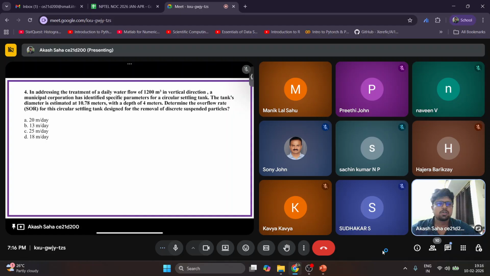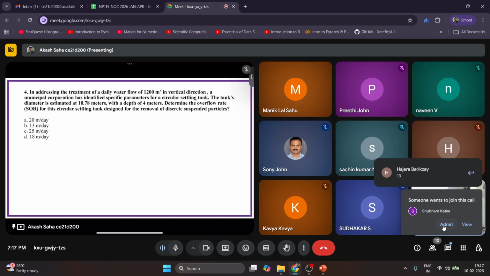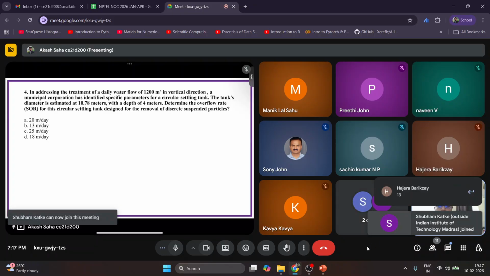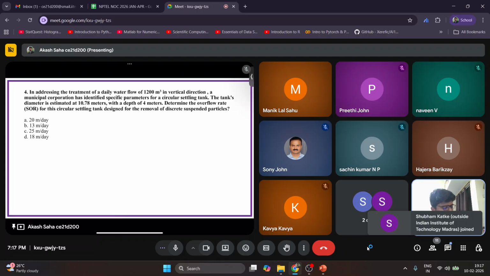Please try to solve it. I'll wait for some time. 13. Yes, 13 is the right answer. Yeah, 13 is the right answer. For others, I will solve it.